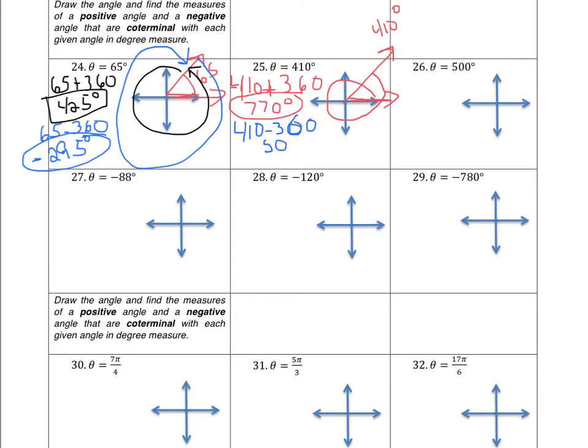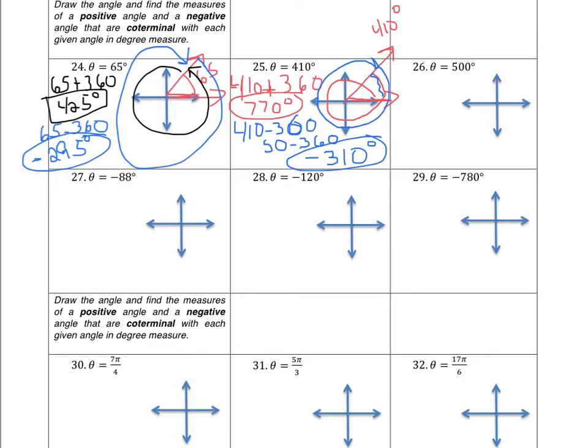So if I took my angle and went backwards, I would still have this 50 right here, which is positive, and I don't want positive, I wanted the negative. So again, I take that 50, subtract 360, and I would get a negative 310.